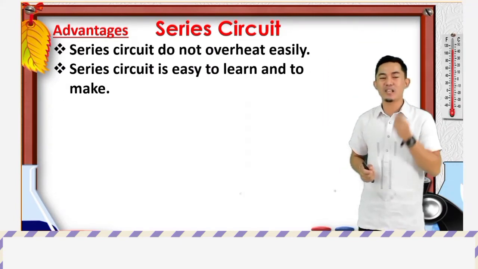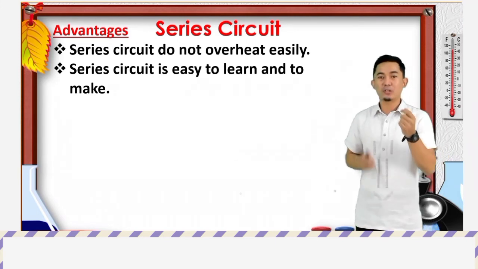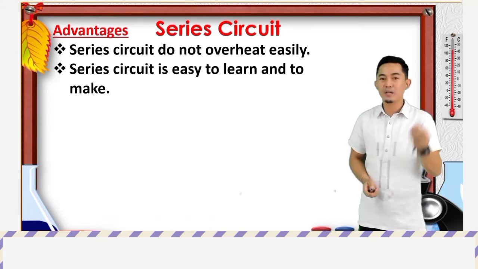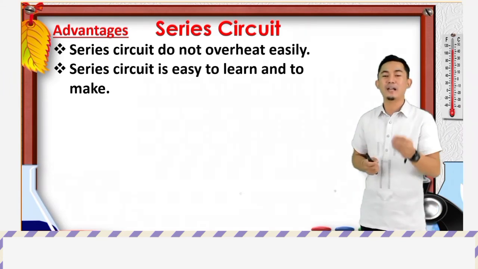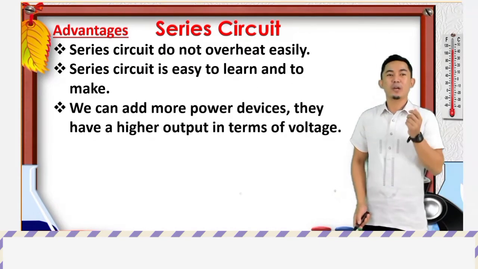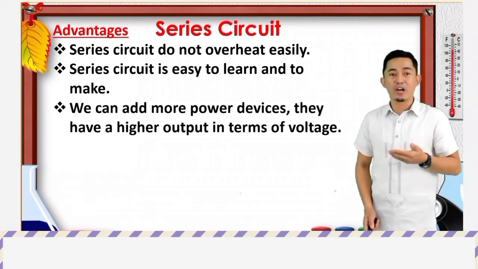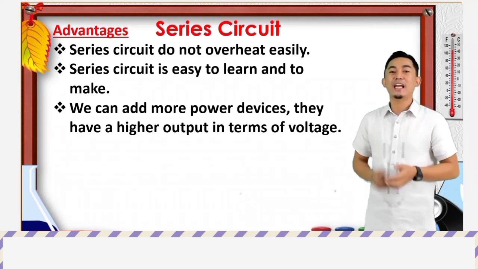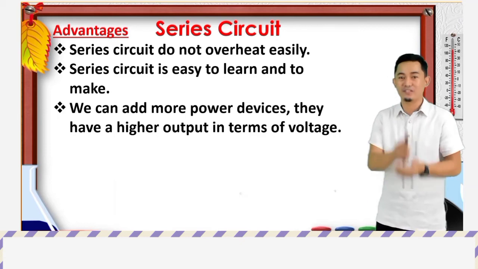It is easy to make or to learn, so that you can make your own series circuit using the bulb, the battery, the wire, and so on. Now, aside from that, in a series circuit, we can add more power devices. They have a higher output in terms of voltage.